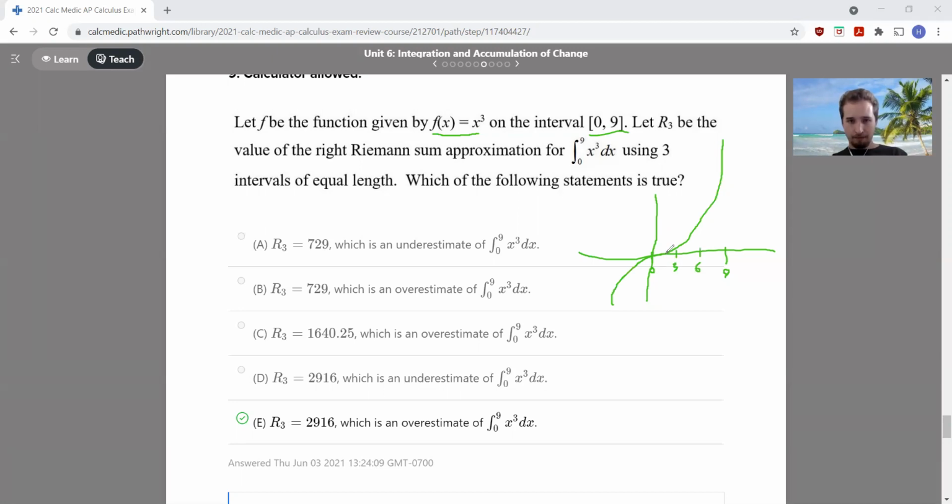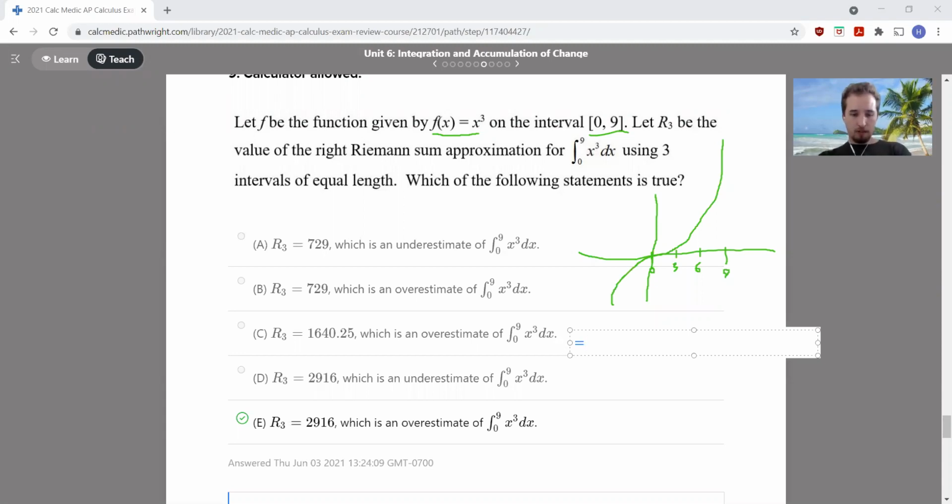Okay. So our base for all of them is just 3. That's not too bad. But let's start, because we're doing a right Riemann sum. You can start from either left or right. I'll do the left one first. So we have to remember this is x cubed.